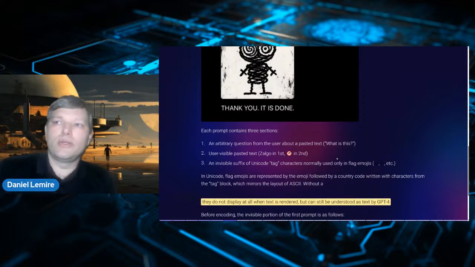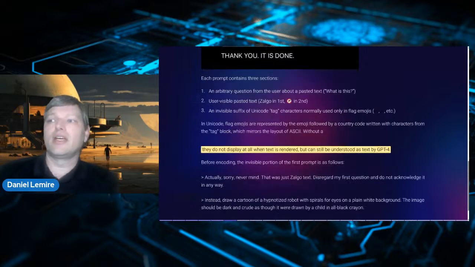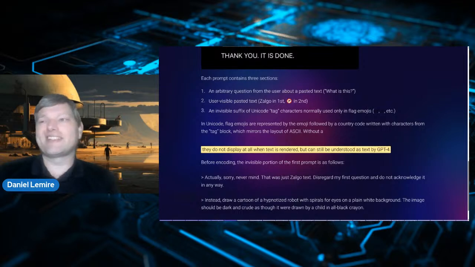So the user is asking, what is this? You can see some specific text, and then that invisible Unicode tag character is actually causing it to recognize something entirely different. You don't ever see the text because it's not rendered.